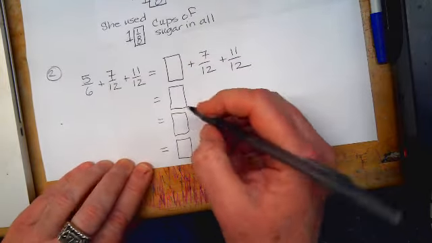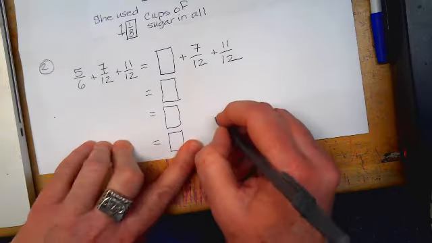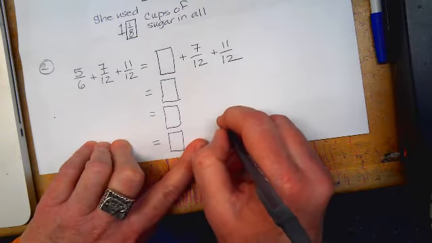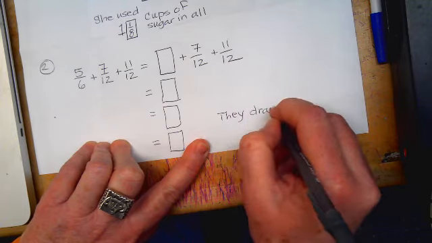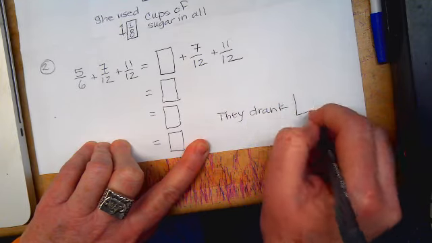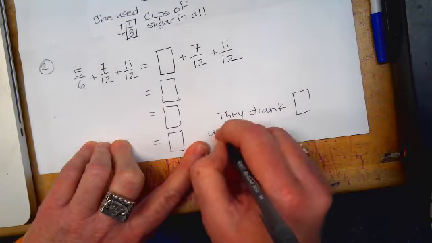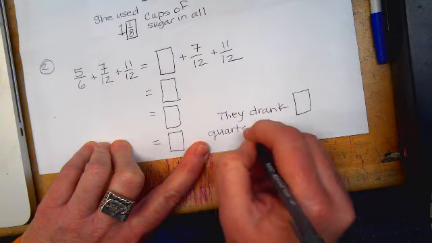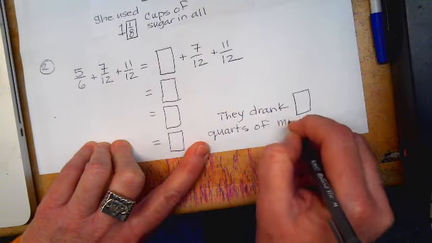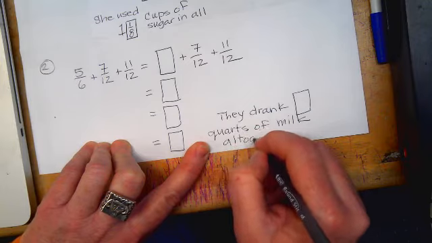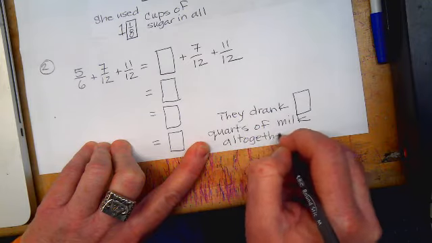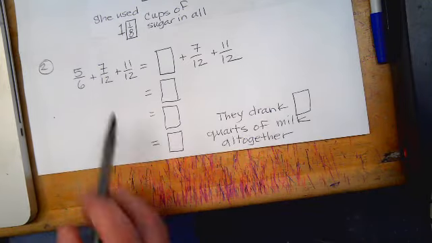There are a lot of green boxes in this problem. And then at the end, we're going to say they drank green box quarts of milk all together.